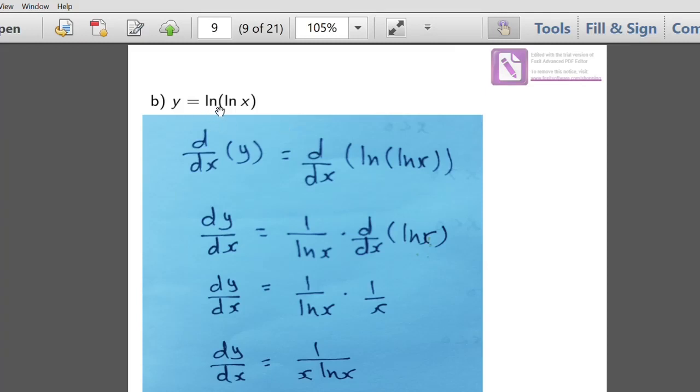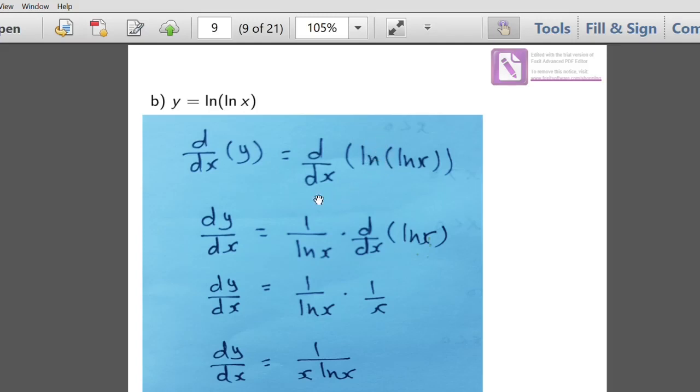Next, y equals ln ln x. So we'll add d over dx for both sides. Here we'll have dy over dx, and here we'll have d of ln ln x over dx. The derivative of y will be dy over dx. Let us go bracket by bracket. First, we will differentiate with respect to the outer ln.